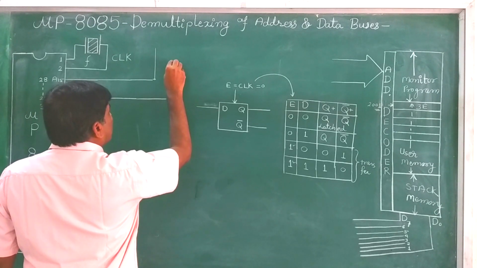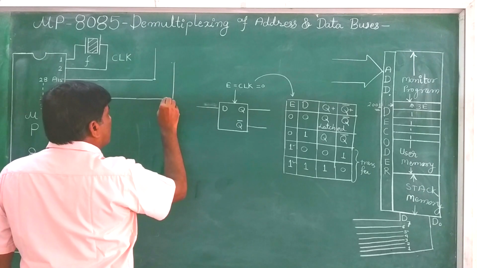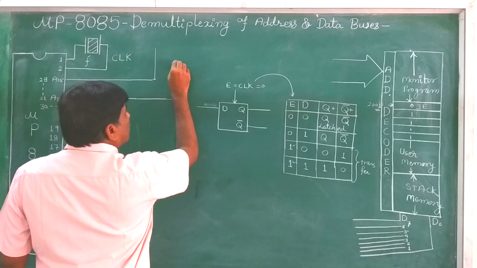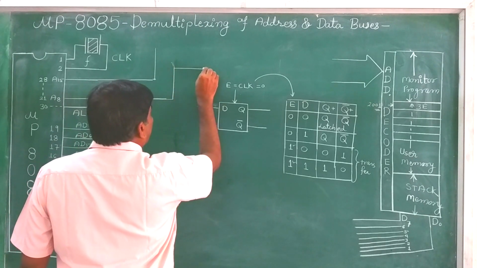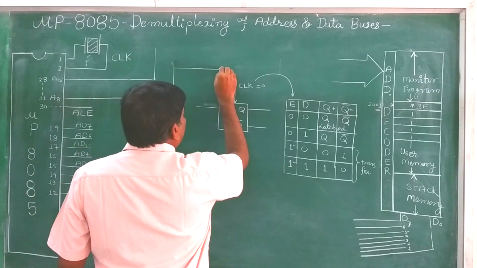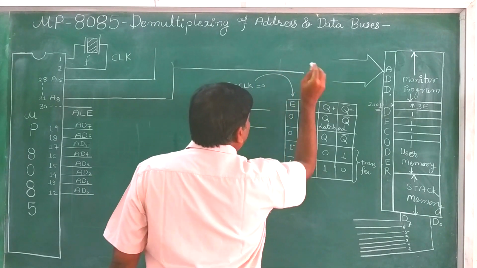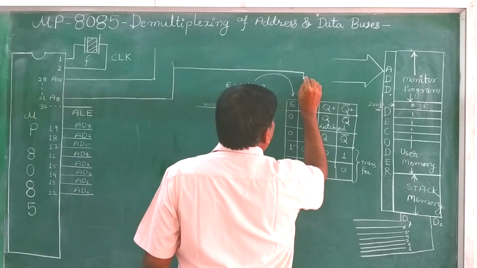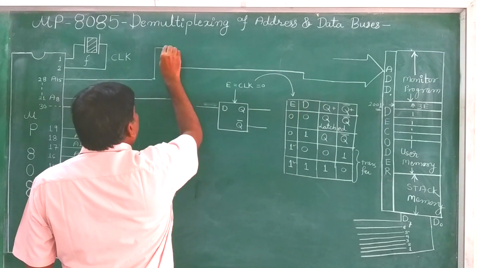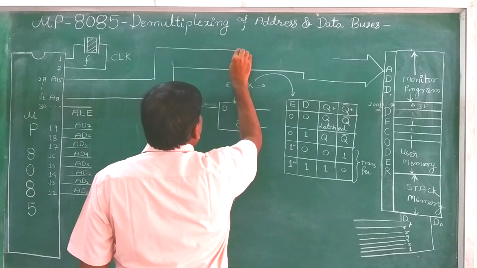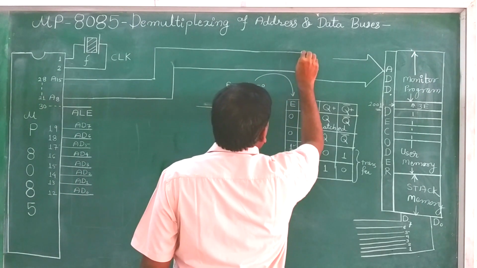We may connect these buses directly to the address decoder, and as we are completing the diagram, this can directly be connected with the higher order address buses of the address decoder.